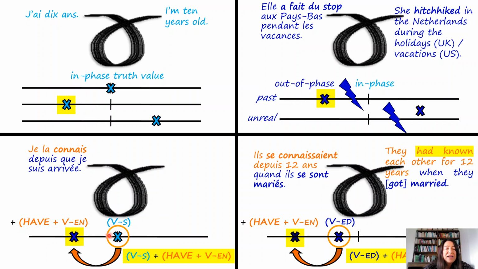Therefore, the fact of knowing her is something that started in the past and still is true now, so it takes up all that space. It is seen as an interconnected event, and it needs to be expressed with the present perfect. Therefore, I've known her since last summer will be the right translation.